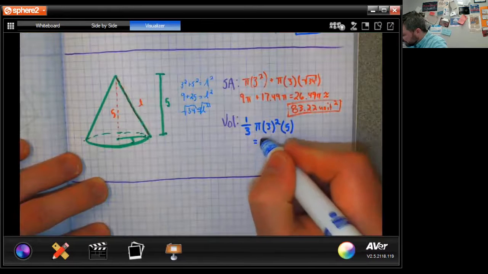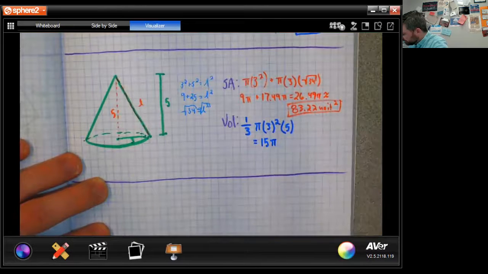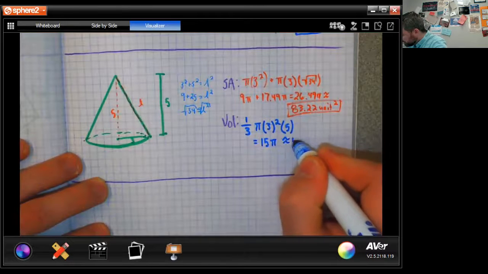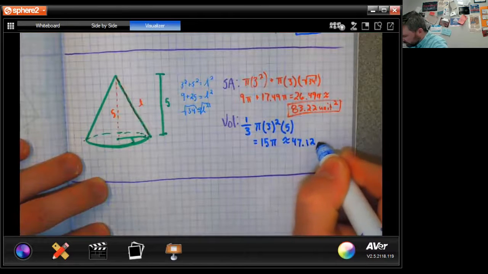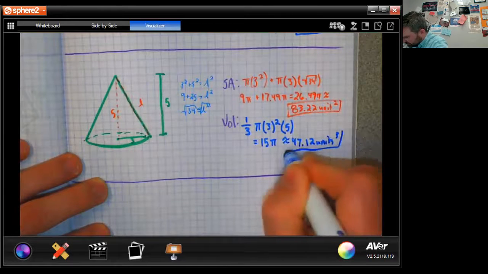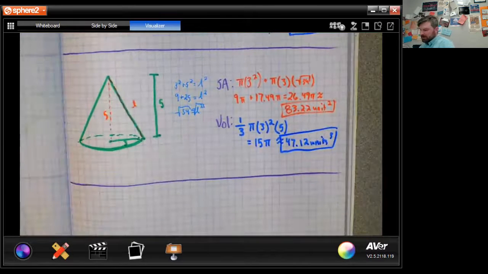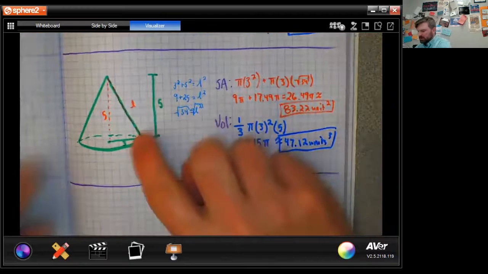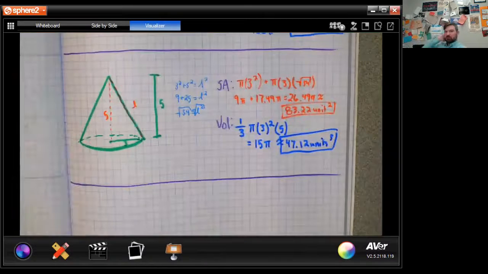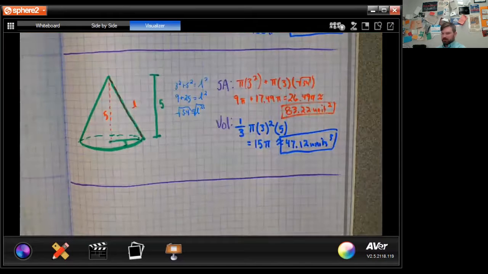So that's 15 pi, which is about 47.12 units cubed. Okay, now the 1/3 comes in because these circles get smaller and smaller and smaller as we fill it up.